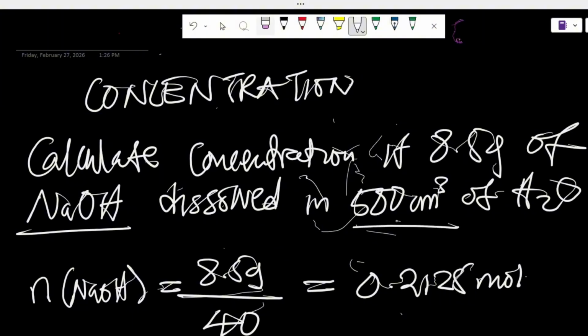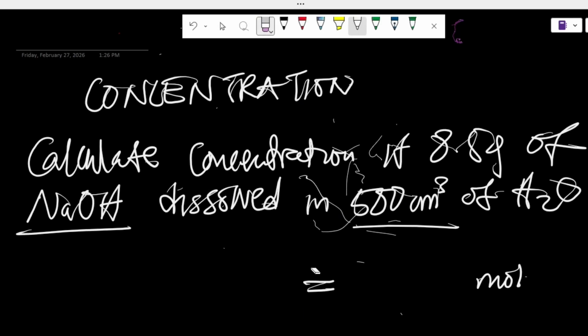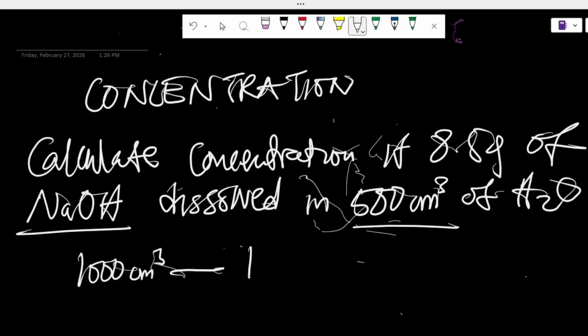Now, the next thing that you need to understand is that this volume here, which we've been given, should be converted into decimeters. Make sure that you convert it into decimeters. If you remember the ratios here, 1000 cubic centimeters is equivalent to 1 cubic decimeter.